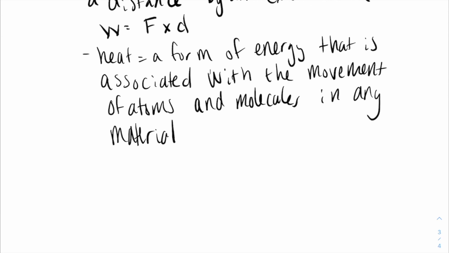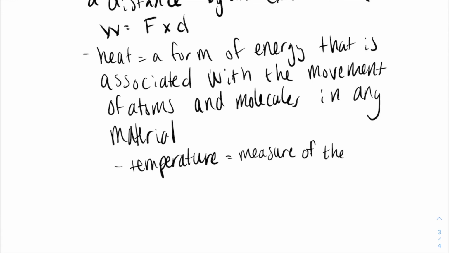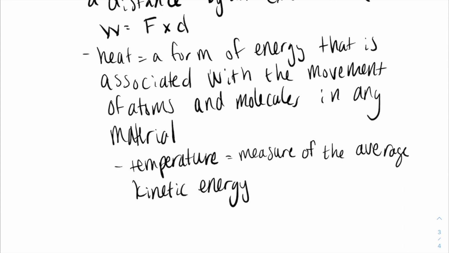When we think about temperature, this is going to be a measure of the average kinetic energy of the system. And it's a property that basically tells us the direction of heat flow.